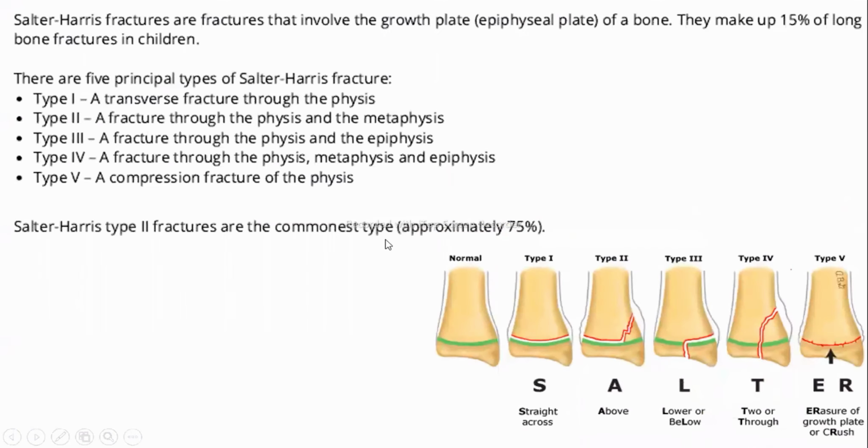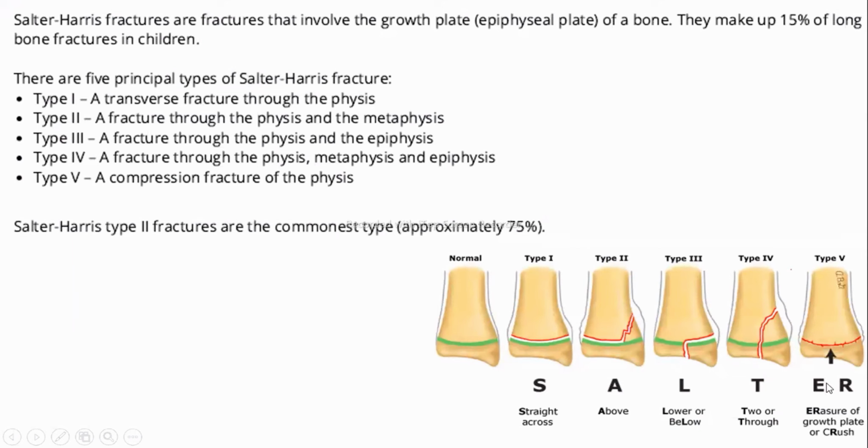So what is the difference between them? Salter: S means straight across, straight across the growth plate, the green one. A means above. If you find in the exam a fracture above the horizontal line, it means type 2. L means lower, below the growth plate, type 3.